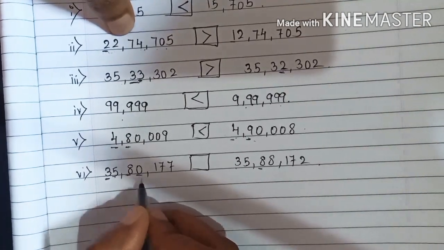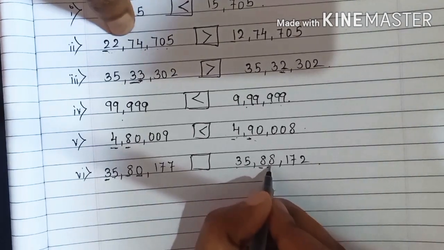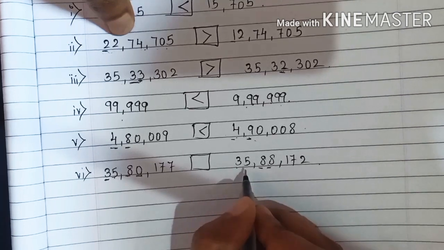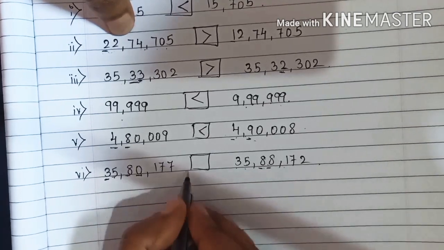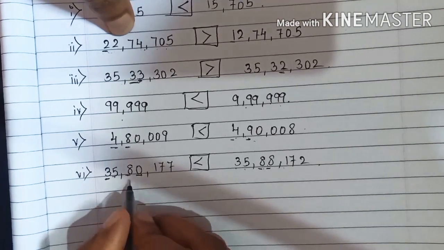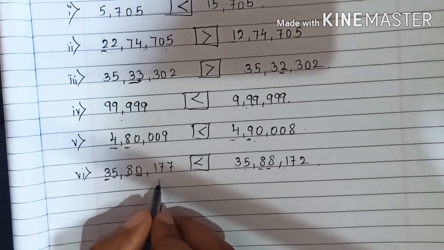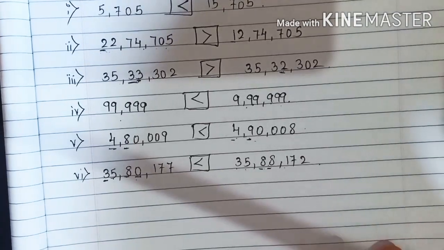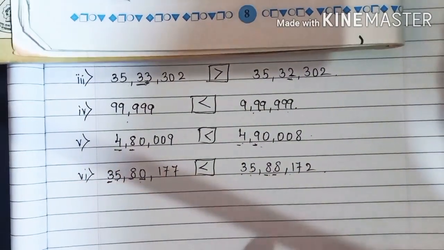The fourth digit here is 0 and here 8. Among the 0 and 8, this 8 is greater. That means 35,88,172 will be greater than this 35,80,177. So now let us see question number 2 from problem set number 6.